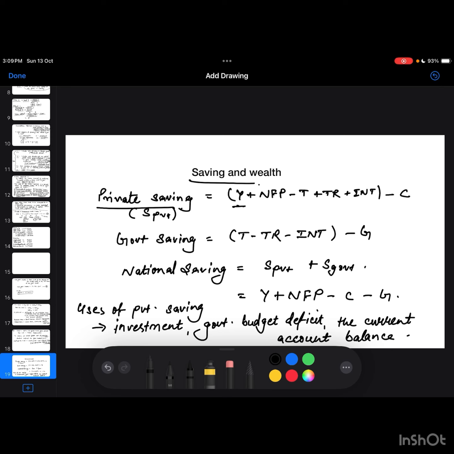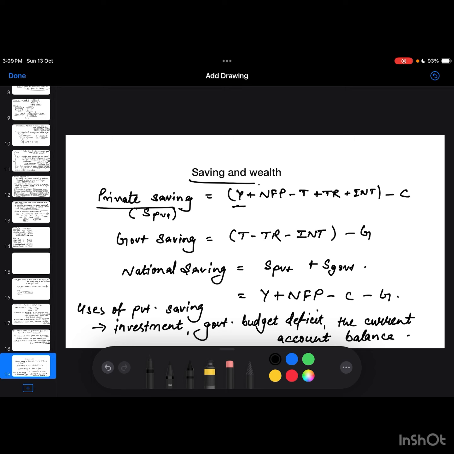Okay, now the next is saving and wealth. So saving is the part of the income that is left after our consumption. So private saving will be equal to the private income minus consumption.